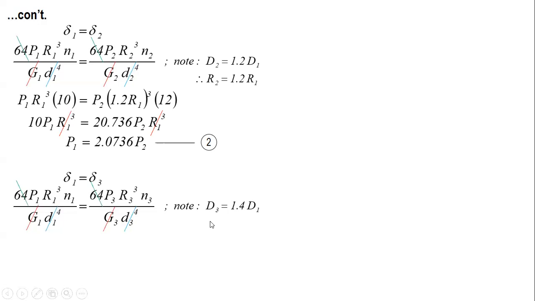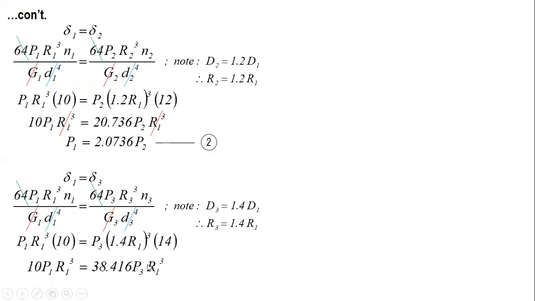And the mean radius R3 is equal to 1.4 R1. And then we substitute this one in the equation. The result is this. And then simplify. Cancel R1. And then 10, divide on the right. We have this one. And this will be our equation 3.